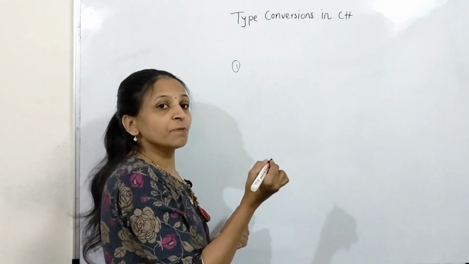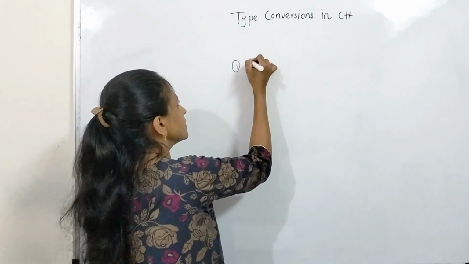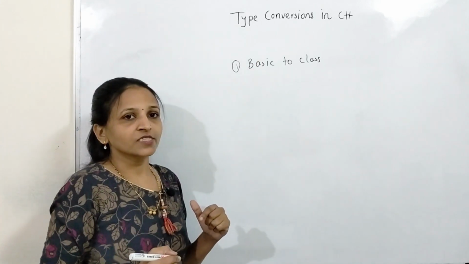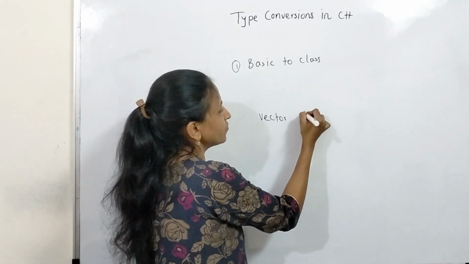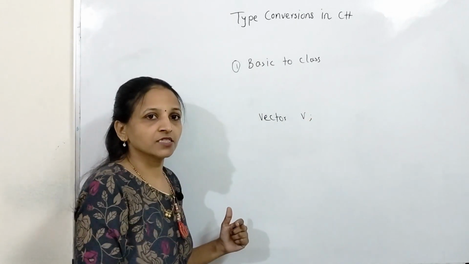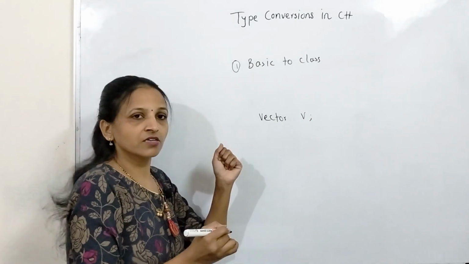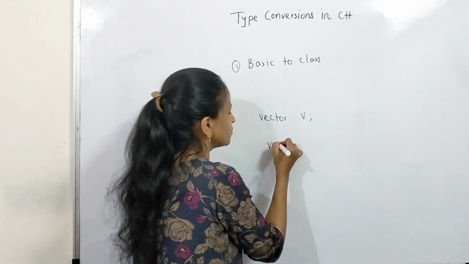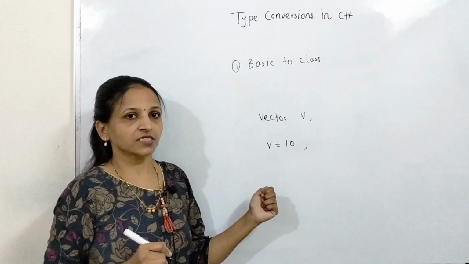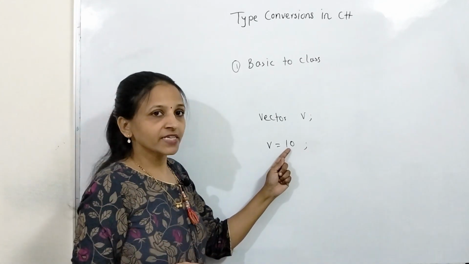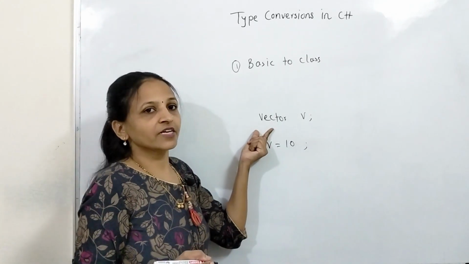The first one is basic to class. Suppose there is a vector class and we have created one object, v of type vector, and suppose I am writing v = 10. Now 10 is of type integer and v is of type vector.